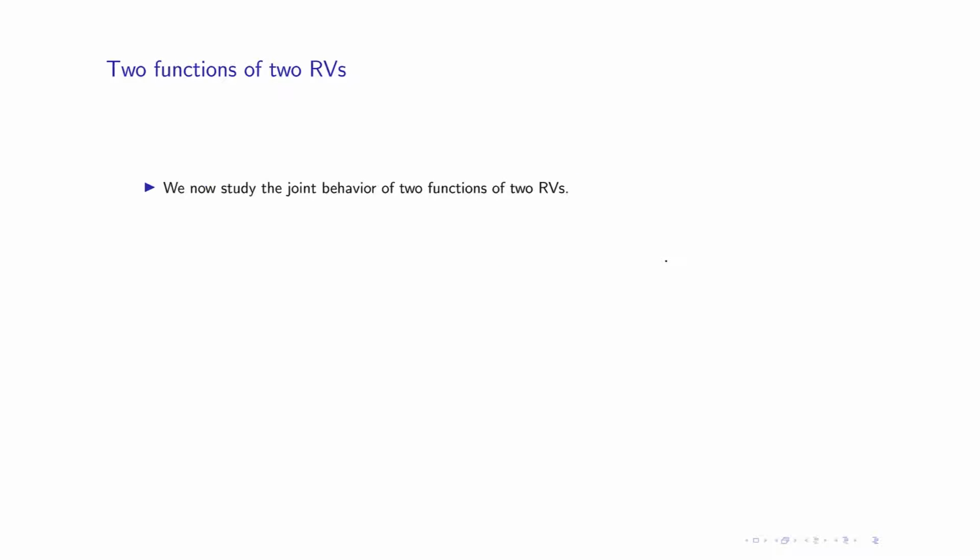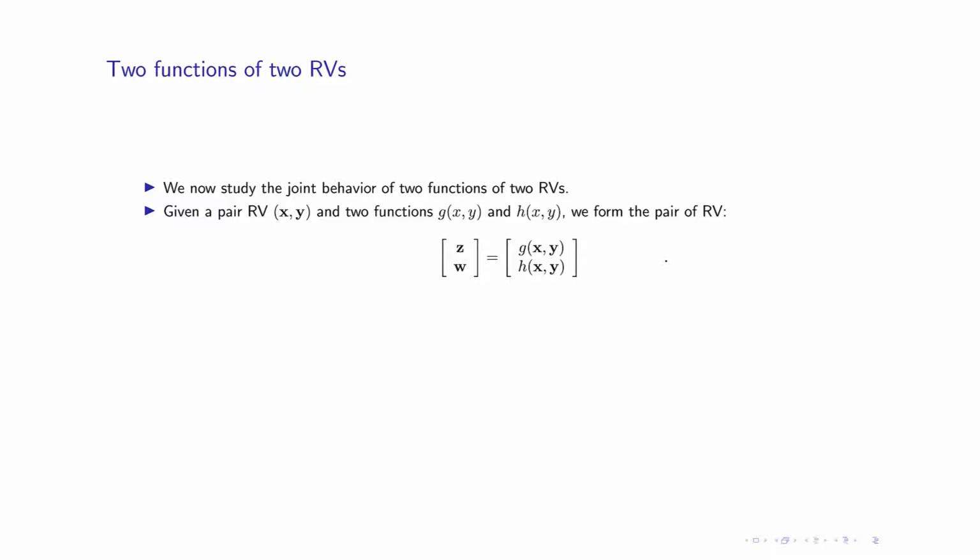In this particular video, we study the joint behavior of two functions of two random variables. Assume that we have a pair of random variables and we know some behavior of their joint distribution.